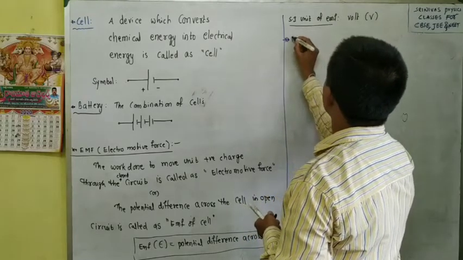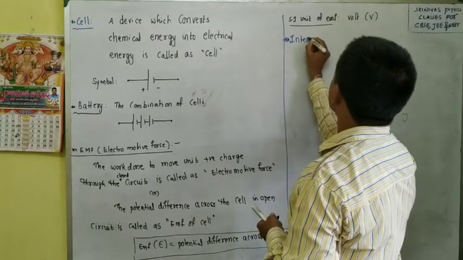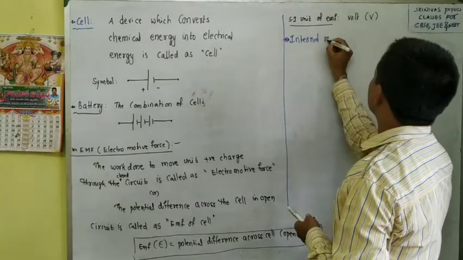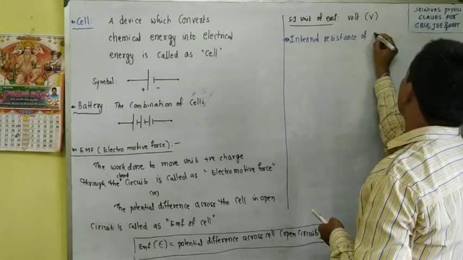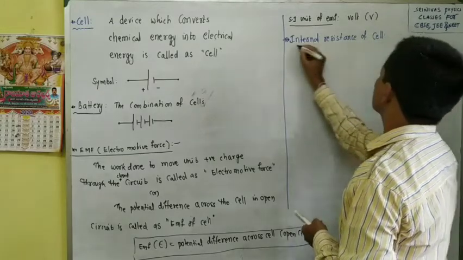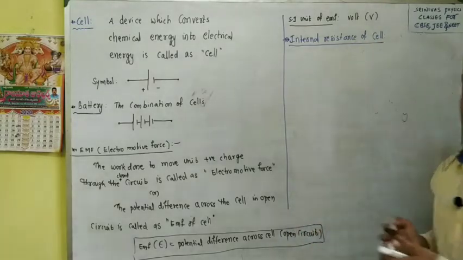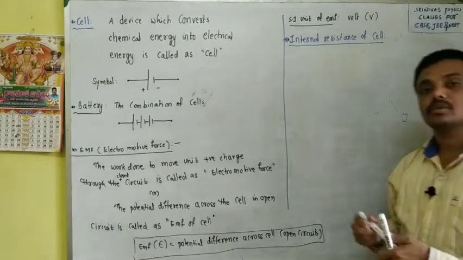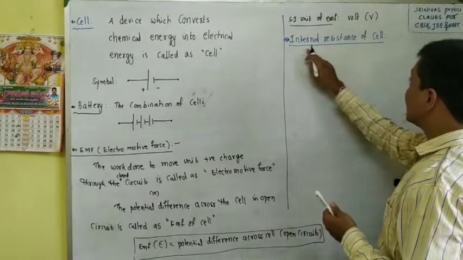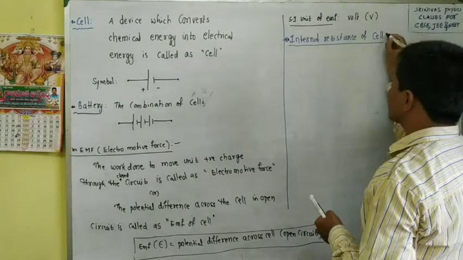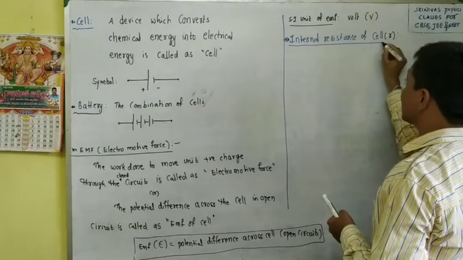Before going to terminal voltage, I will tell about the internal resistance of a cell. Every cell has some resistance also. Resistance means opposition to the flow of current or flow of electrons. Internal resistance of a cell is denoted by small r. What is internal resistance?